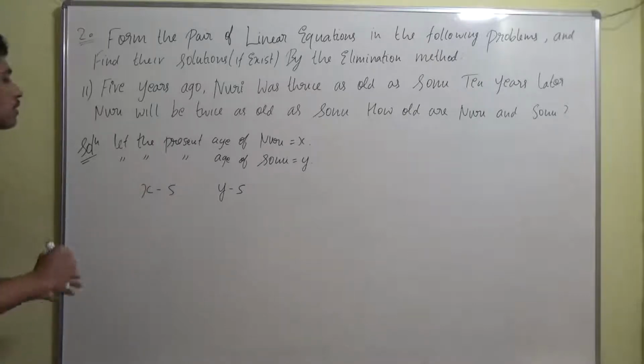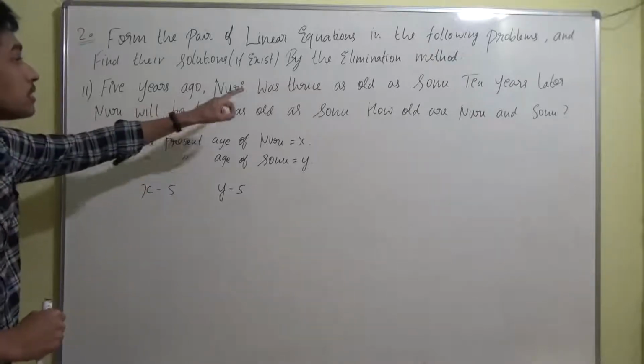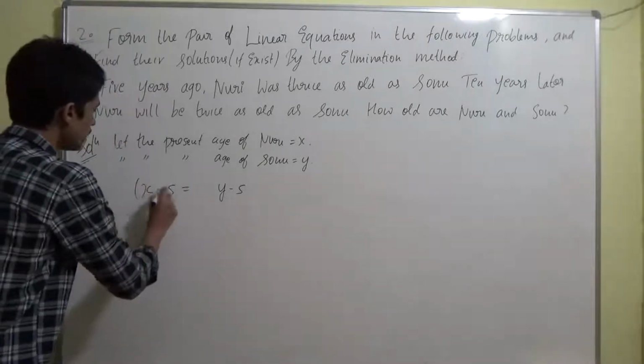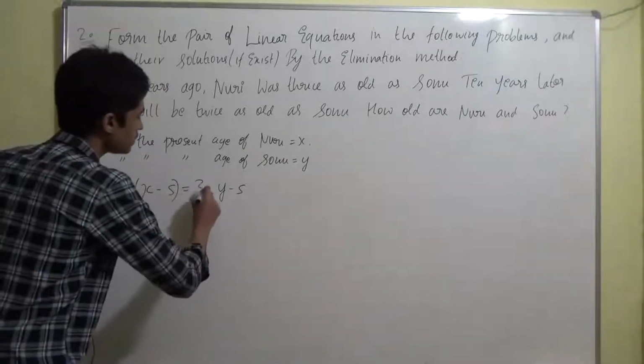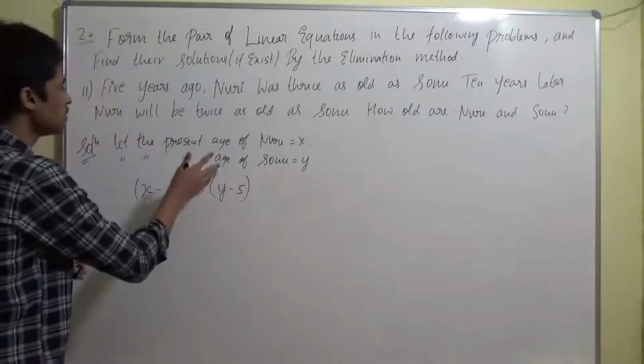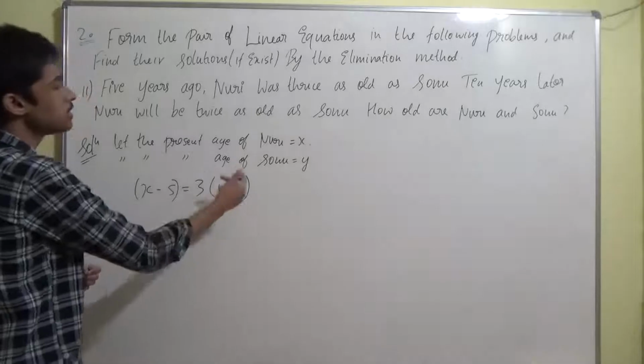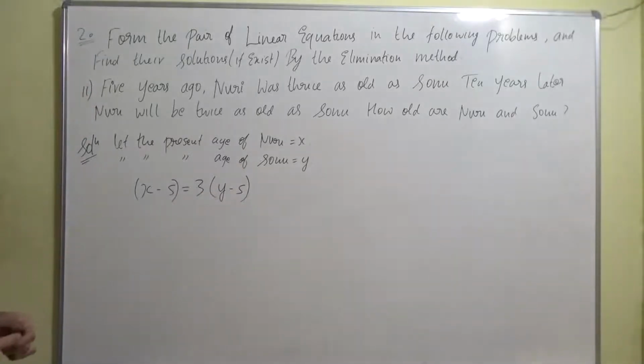So X minus 5 and Y minus 5, they are telling Noori was thrice as old as Sonu, which means Noori's age 5 years before was thrice as much as Sonu's age at that time. And this was the first condition, guys.